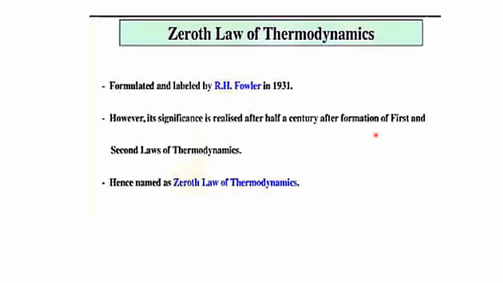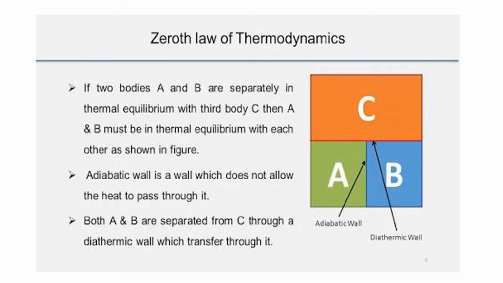After the first and second laws were formed, R.H. Fowler formulated the zeroth law. Actually, it should have come at the beginning, and for that reason it is called the zeroth law of thermodynamics.